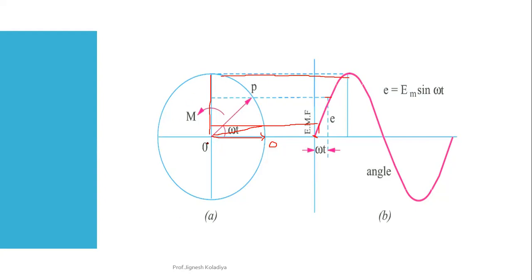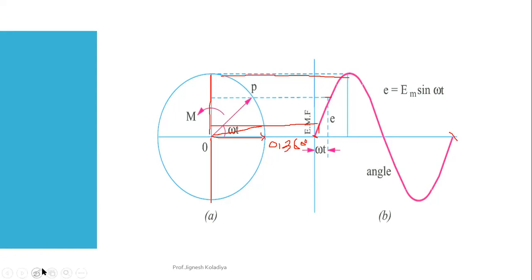So in this way, with the rotation, when it reaches this axis, you will get the negative maximum. And again when it completes one cycle, means this vector completes one complete rotation, you are at this point, means it is 360 degrees now, or 2 pi.